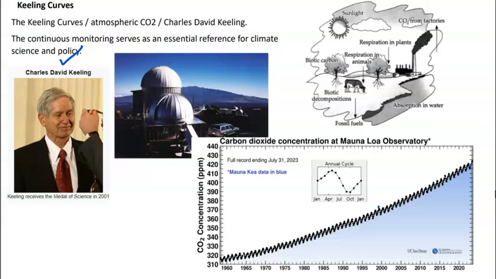His work involved working here in Hawaii on the island of Mauna Loa at the observatory on the island, where they sampled the atmospheric carbon dioxide levels, measuring them in parts per million. The data was obtained and then plotted over the decades to give this famous curve here, which is known as the Keeling curve.